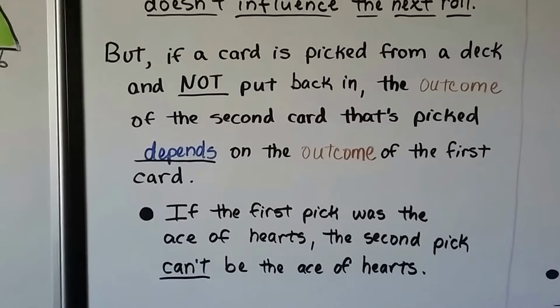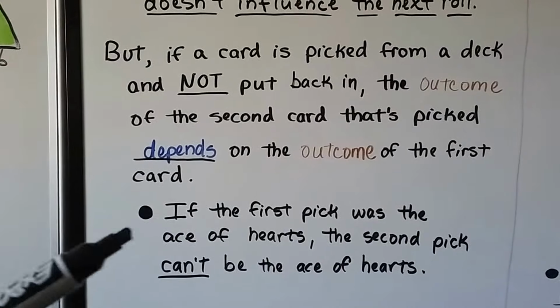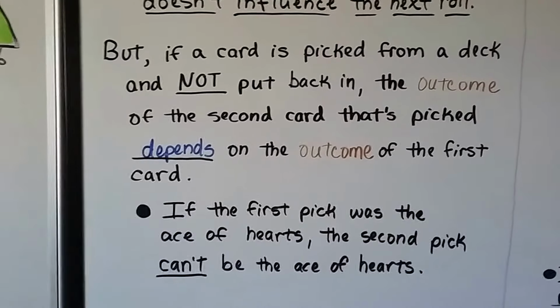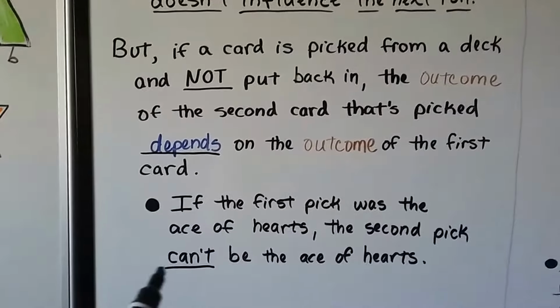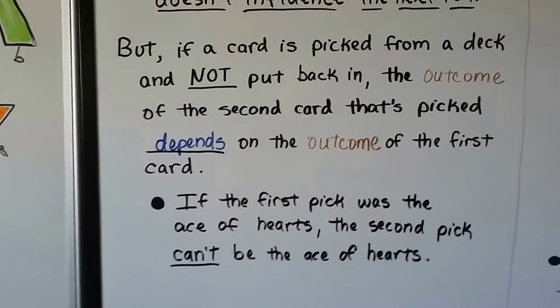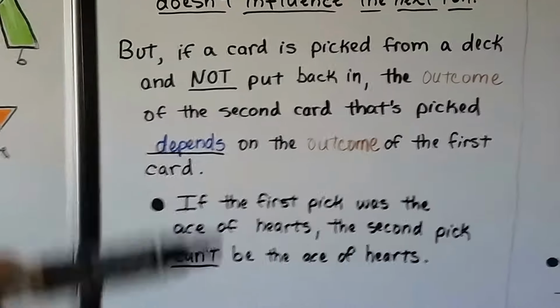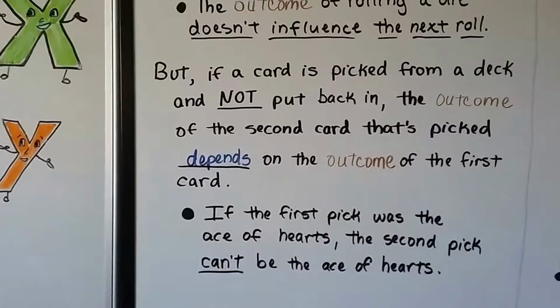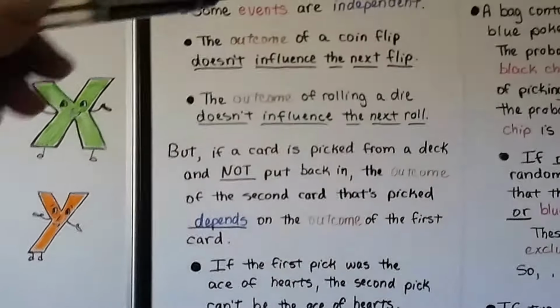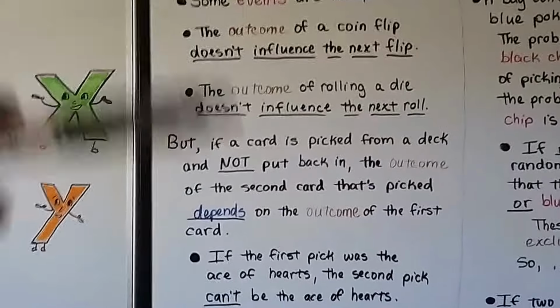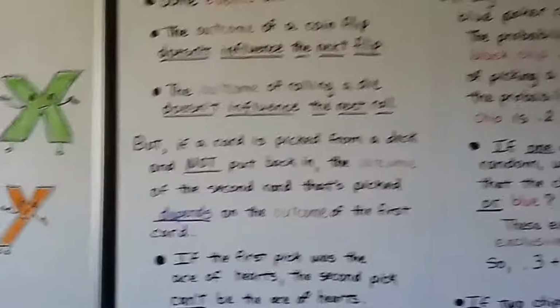If we first pick an ace of hearts and we don't put it back, that ace of hearts is gone out of the deck. The second pick cannot be the ace of hearts. See, then it would depend on it. But if we put the card back, the second pick could be it, couldn't it? Then they would be independent of each other. So it depends on if you're putting it back or not, okay?